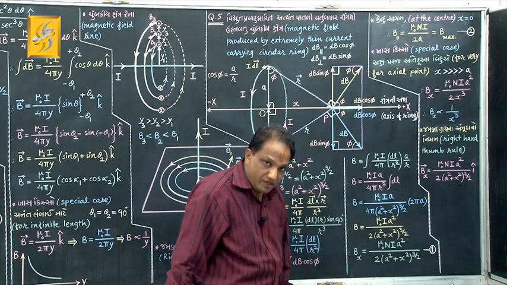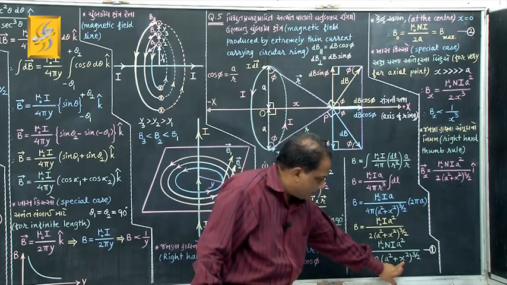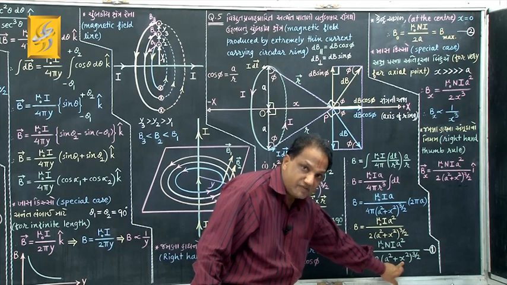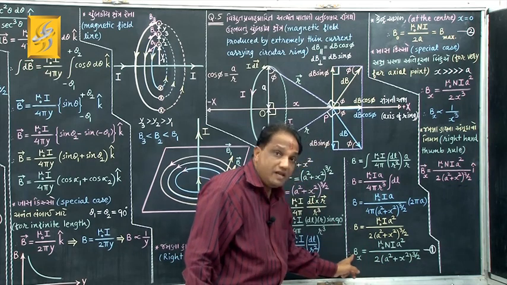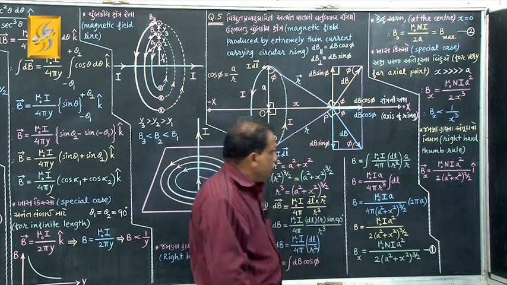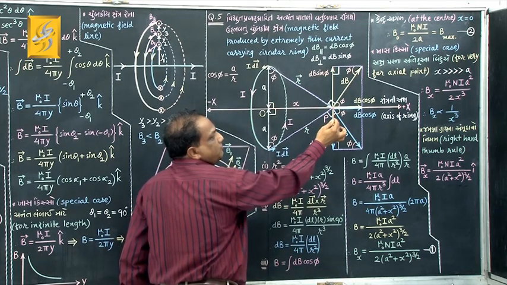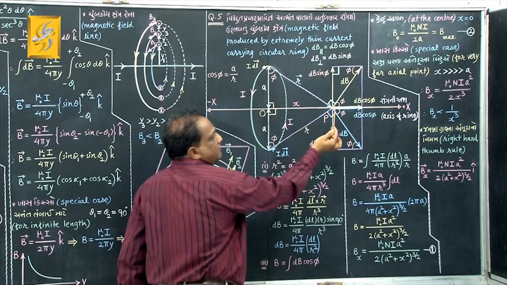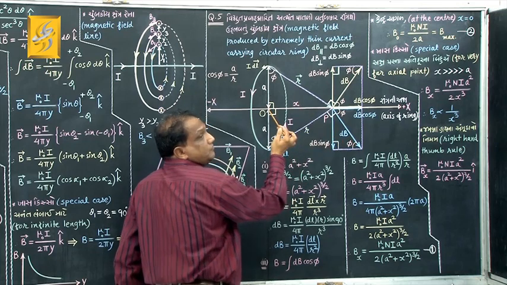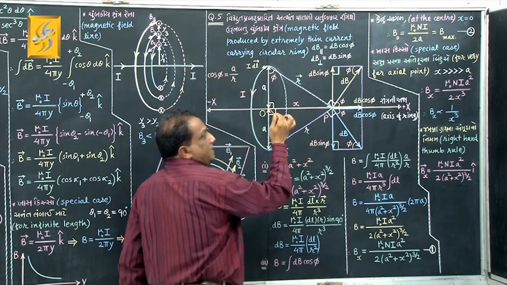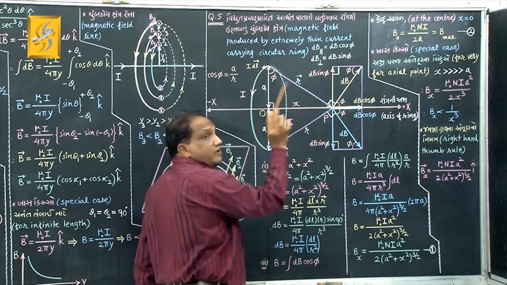Tell me from this formula, if x will decrease, this magnetic field will increase. Now you just select this point at the center. When you select this point of observation at the center, this x will decrease to 0. If the selected point is here at the center of the ring, the x value will be 0.